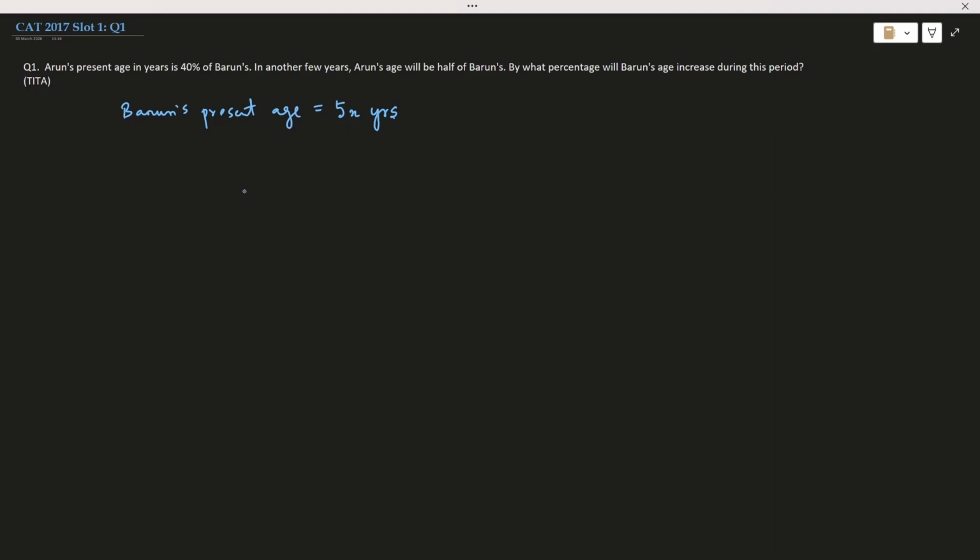I am taking 5x because it is given 40%. What is 40%, guys? 40% is 40 by 100, which is basically 2 by 5. That means Arun's present age will be 2/5 of Barun's present age.